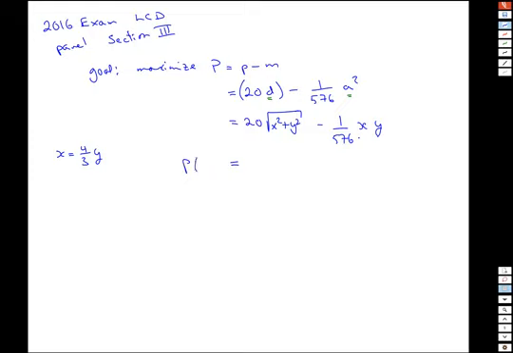And so we can write our formula just as a function of y, where 4/3 y squared is our x squared, plus y squared, that's the end of our square root sign, and then our x again is 4/3 y times another y.